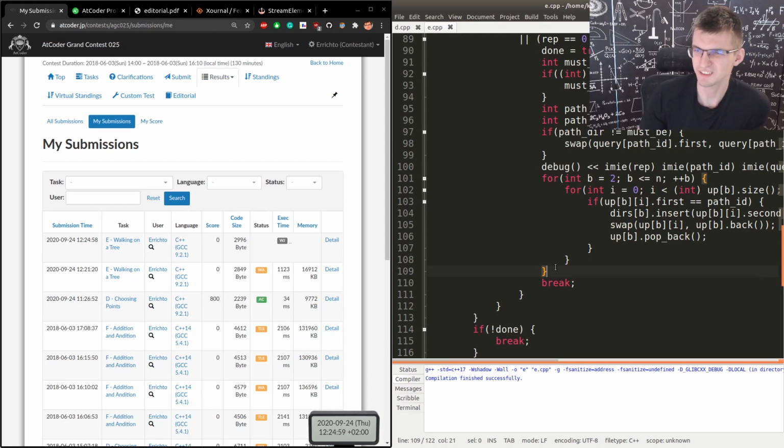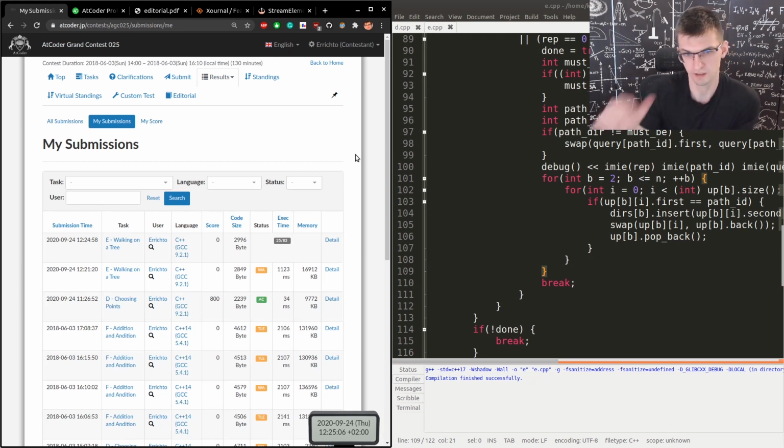I still think this is cubic. If there are a lot of long paths, like all edges are hit by n. Well, I don't like this problem. I think that tests are weak, right?